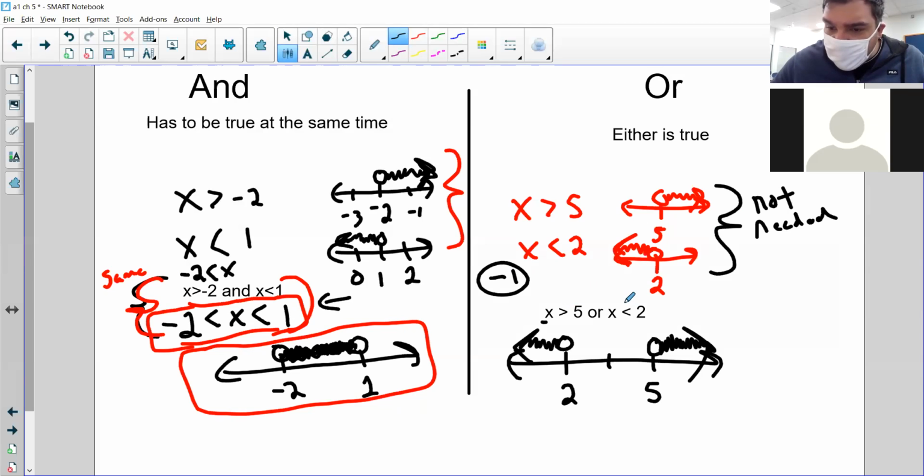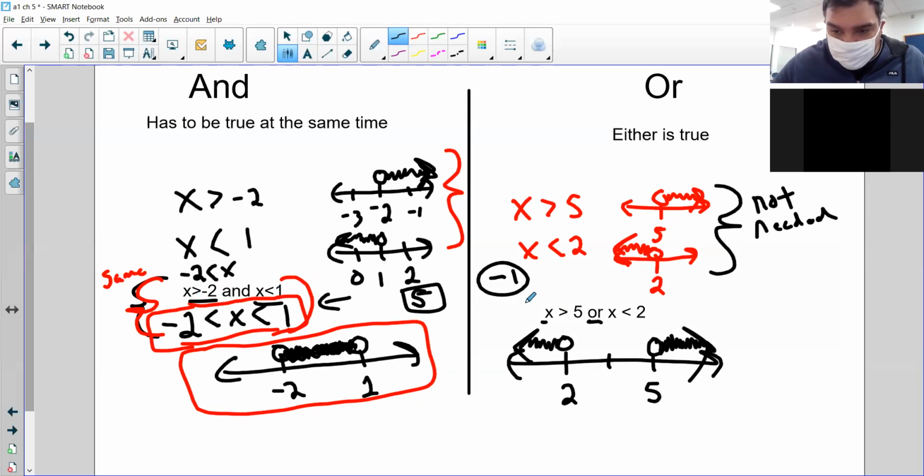No. Is it less than 2? Yeah. So in this case, because it's an or statement, it would be true. Now, if I were to put 5 over here in this situation, while it is true that 5 is bigger than -2, it is not smaller than 1. So in that situation, it is not a solution.